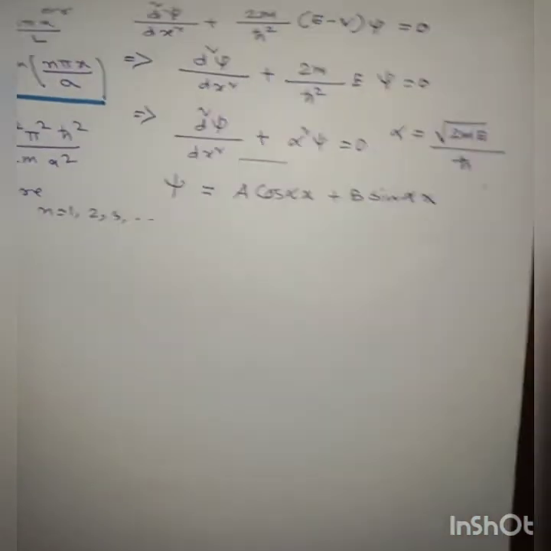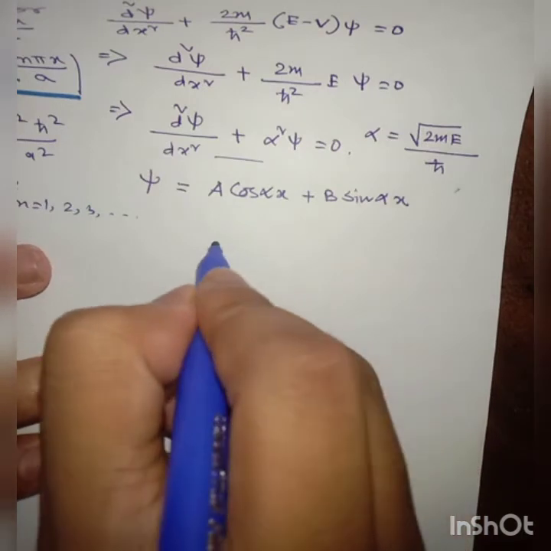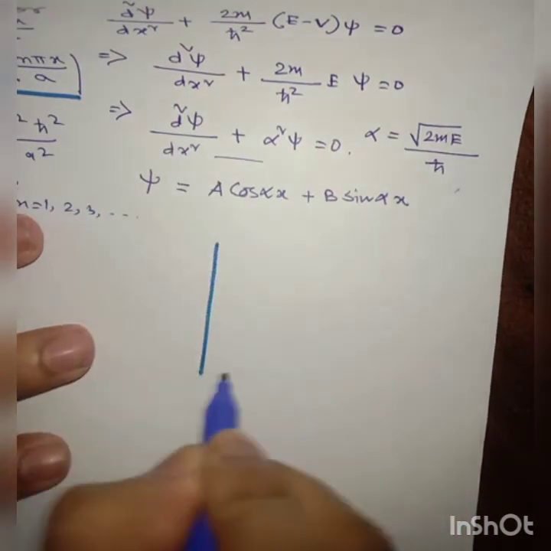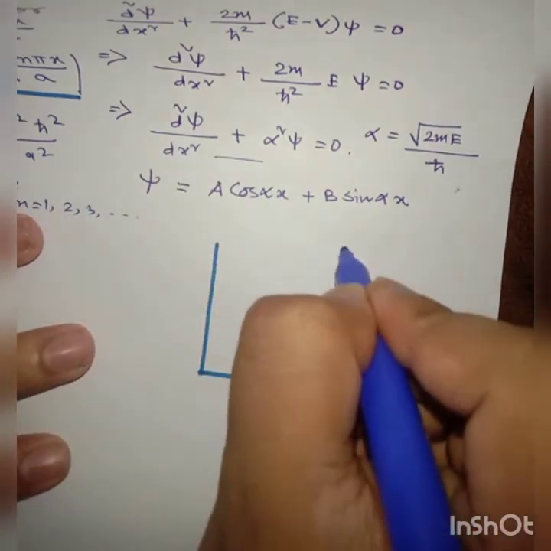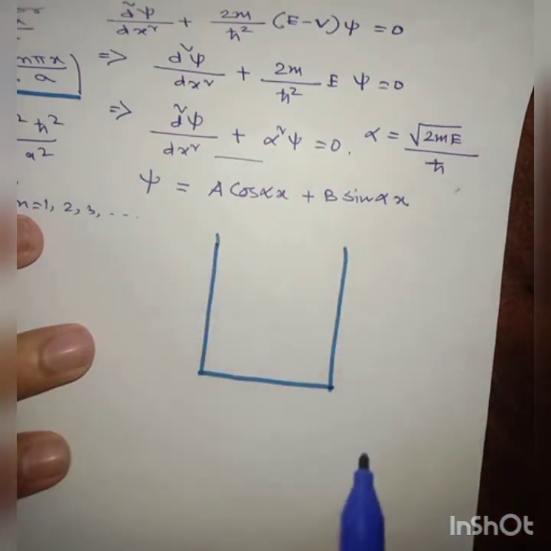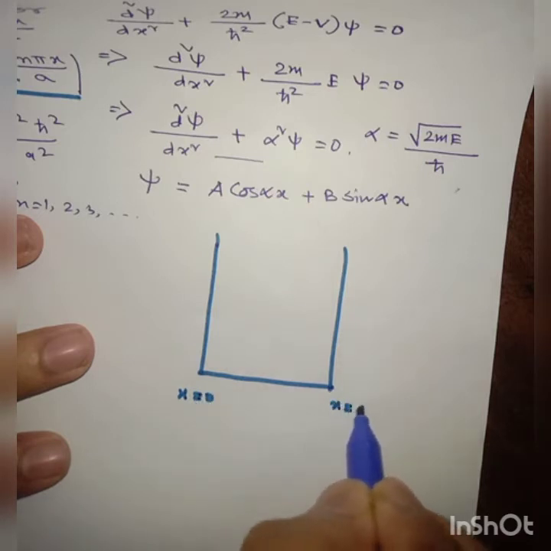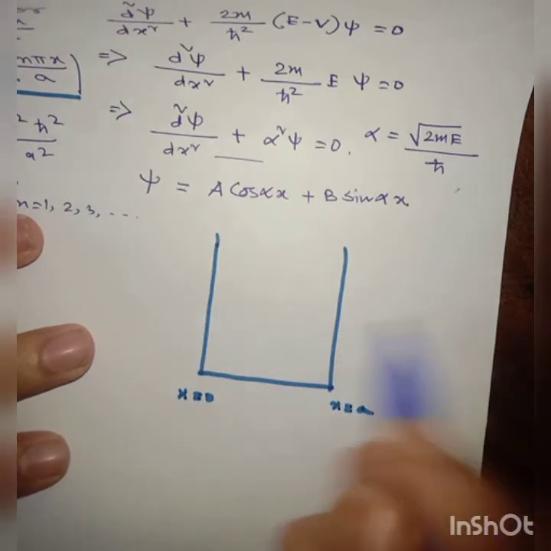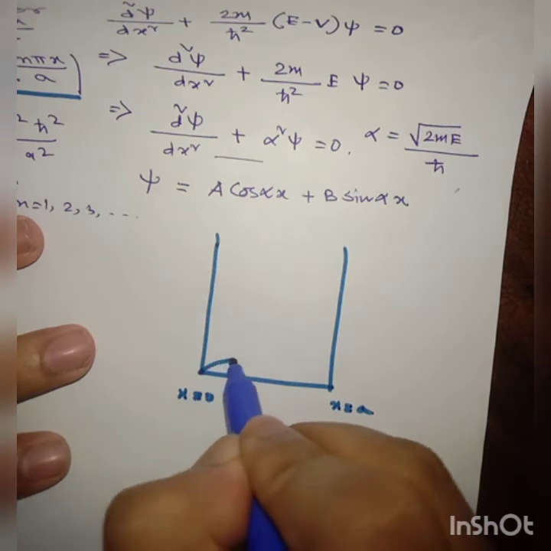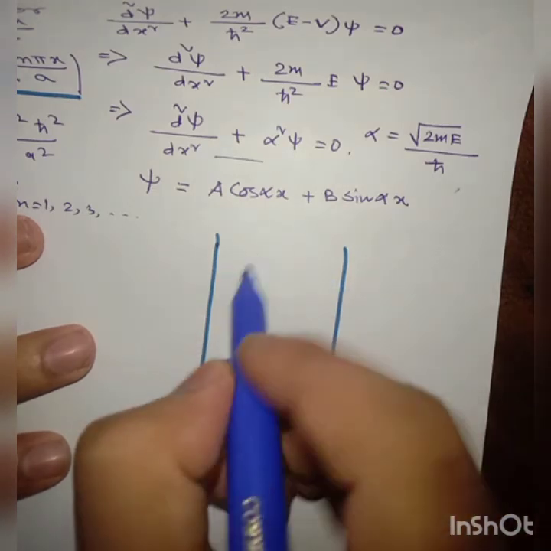Now if we draw how our wave function will behave for a particle in a one-dimensional potential, we have our ground state as n equals 1. So this is for n equals 1.